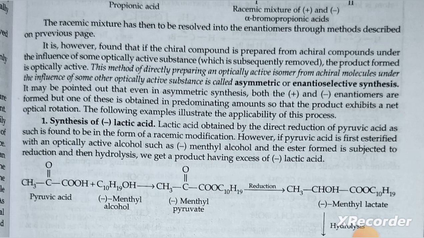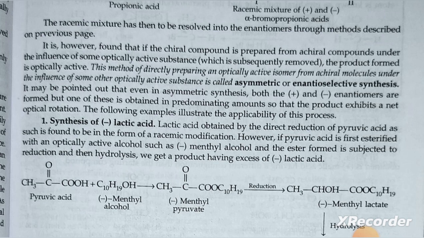First is the synthesis of minus lactic acid. Lactic acid obtained by the direct reduction of pyruvic acid as such is found to be in the form of a racemic modification. However, if pyruvic acid is first esterified with an optically active alcohol such as minus menthyl alcohol, and the ester formed is subjected to reduction and then hydrolysis, we get a product having excess of minus lactic acid.